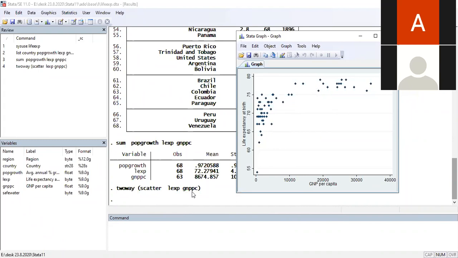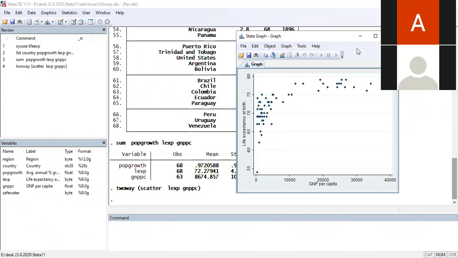Professor, so first do we write the vertical axis and then the horizontal axis? You will try it, you always do trial and error. Whatever you want on the vertical axis, you put first, then the horizontal axis later on.